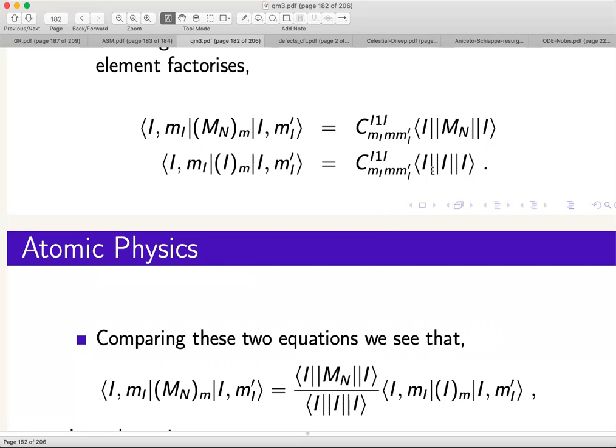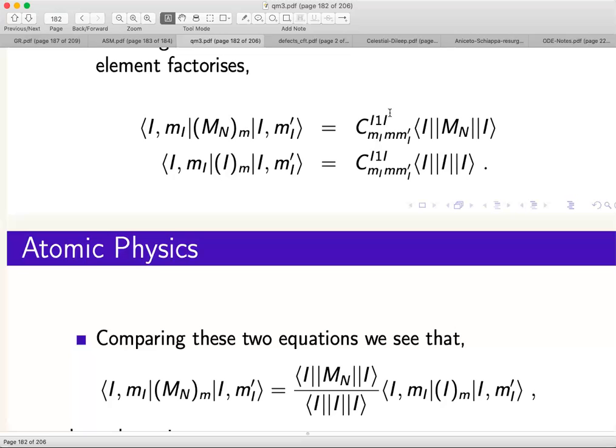All I have done is replace the Clebsch-Gordan coefficient in the first equation by the matrix element of Im divided by the reduced matrix element of I, because this Clebsch-Gordan is the same as that Clebsch-Gordan.